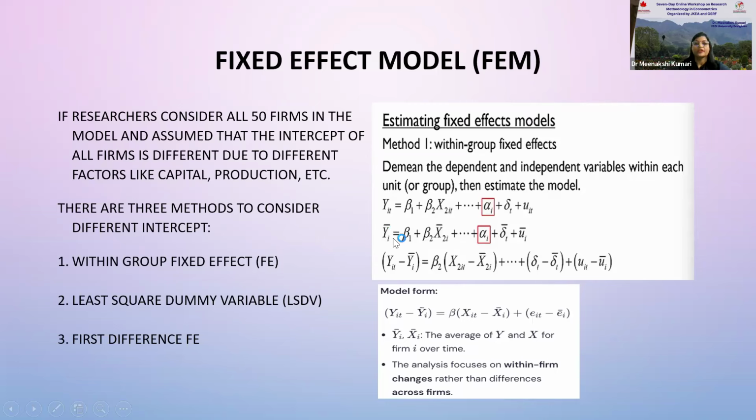Then we subtract the second equation from the first equation. In that process, this alpha i, the entity specific term, gets sorted out, and our model will be ready for the regression. So this is one way to remove that unobserved heterogeneity.